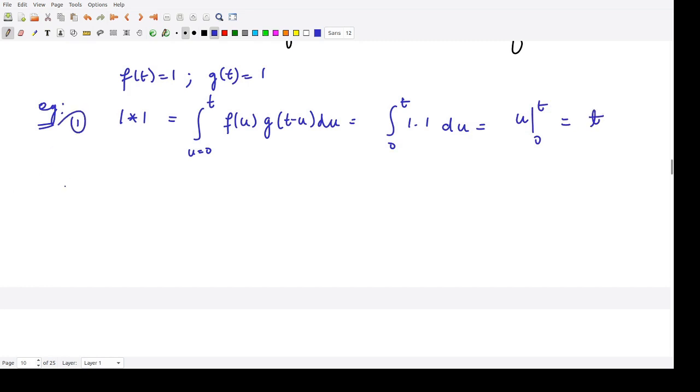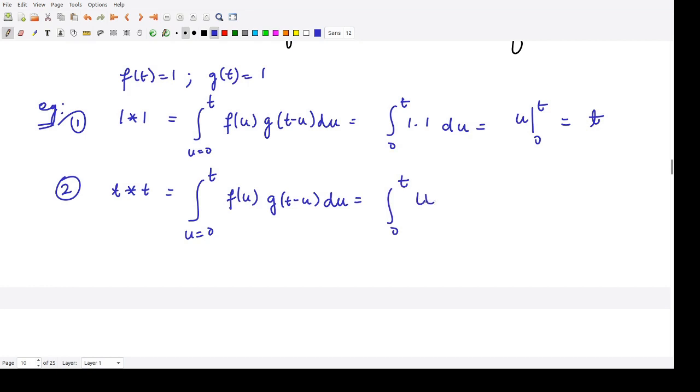So let us see another example. What would be the convolution of t with t? It would be equal to the integral of u from 0 to t of f of u g of t minus u du. So this thing is equal to the integration from 0 to t.